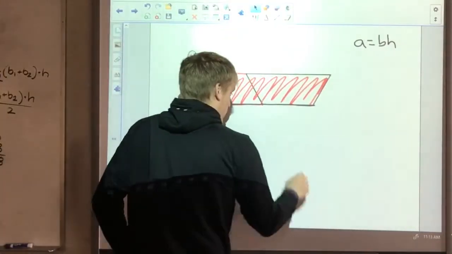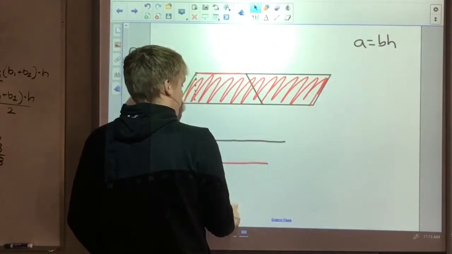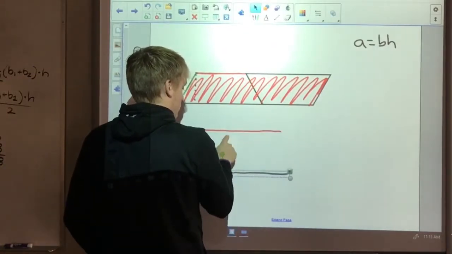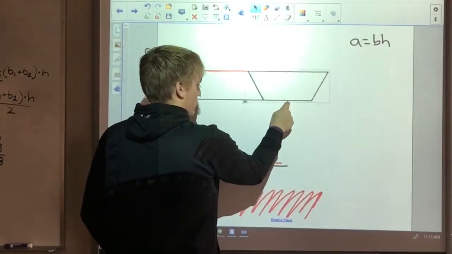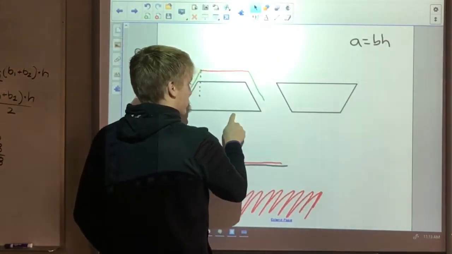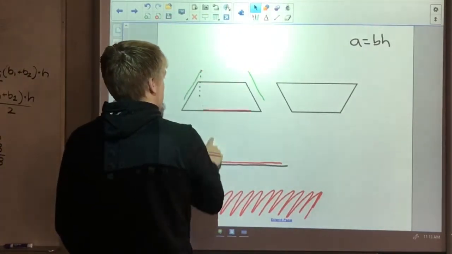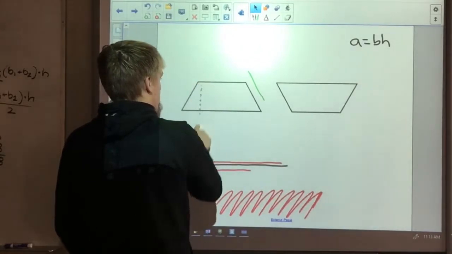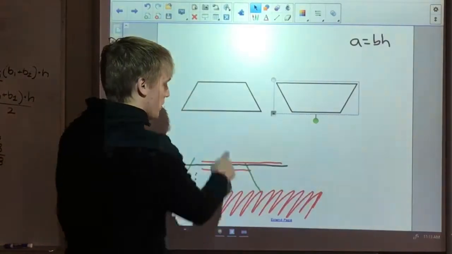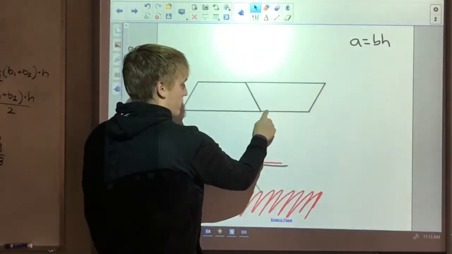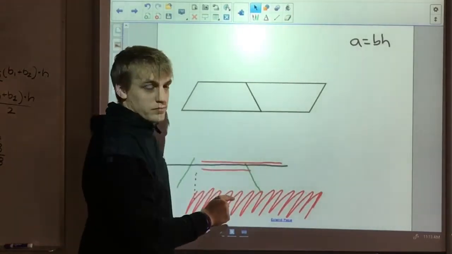Okay. Well, this trapezoid, if I get all these lines out of there, if we have this parallelogram, the top is equal to the bottom, okay?